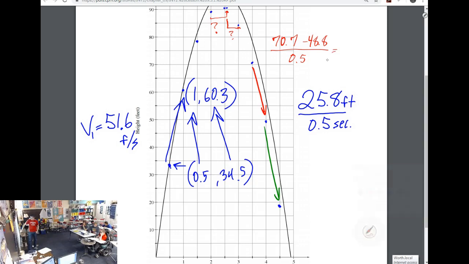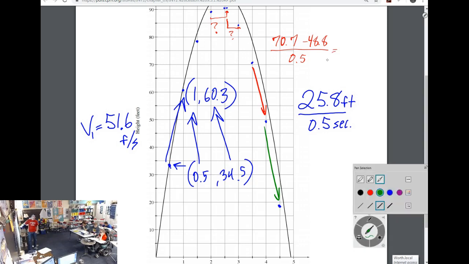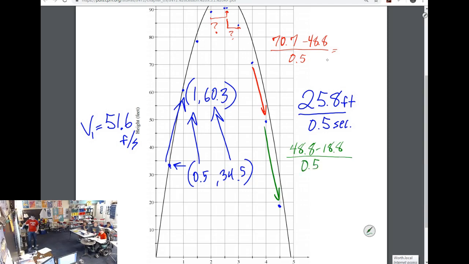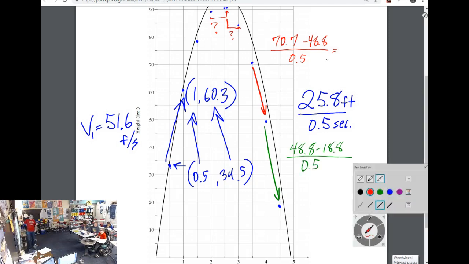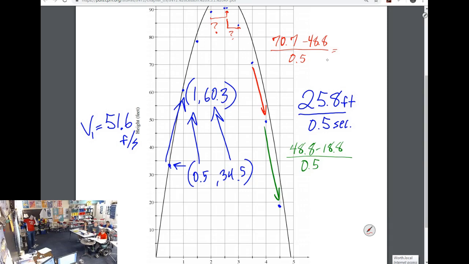I'm doing both. 36.2. What do we get if we do 3.5 to 4? It's not at 34.5, it's at 34.2. What? Wait, what? Or at half second, it's at 34.2.